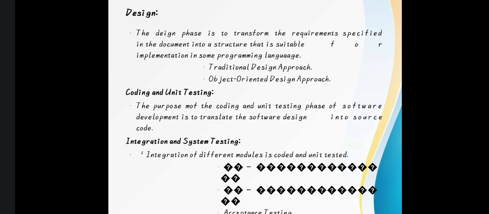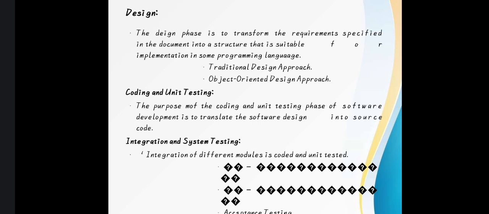Then design. The design phase is to transform the requirements specified in the document into a structure that is suitable for implementation in some programming language. Traditional design approach, object oriented design approach. Then coding and unit testing.